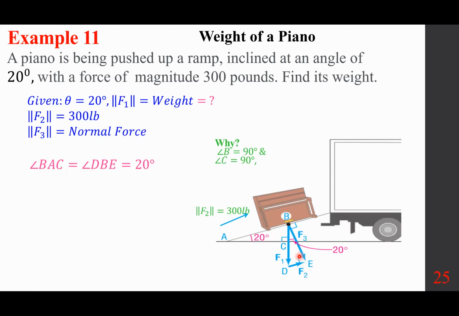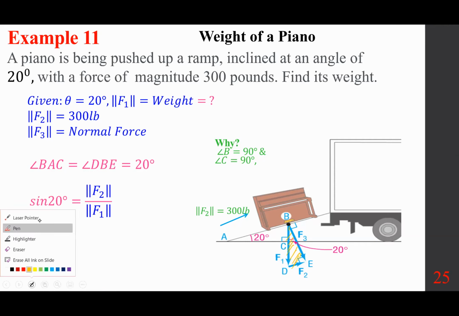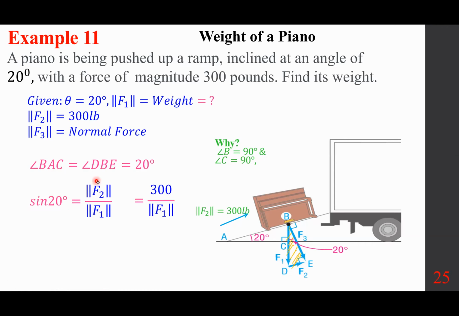So we are looking at this triangle, okay? And we know this to be 300. Therefore, the magnitude of F1, which represents the weight, is 300 divided by sine of 20 degrees.